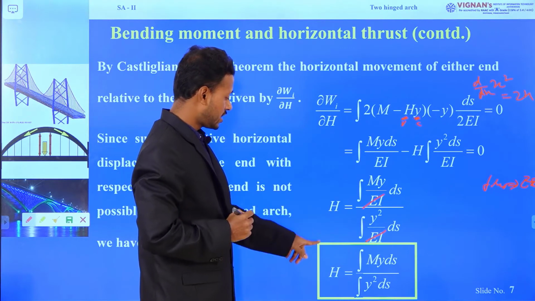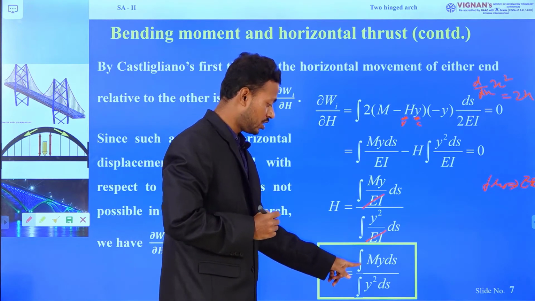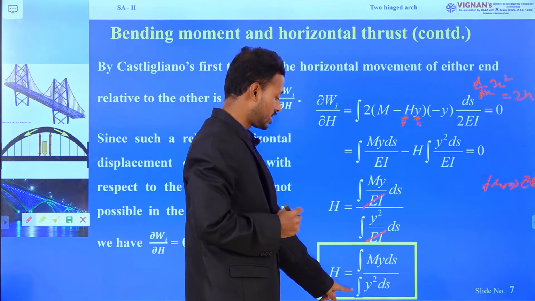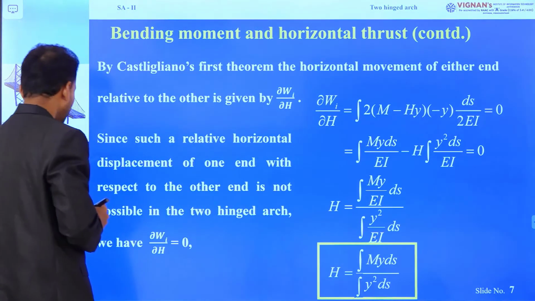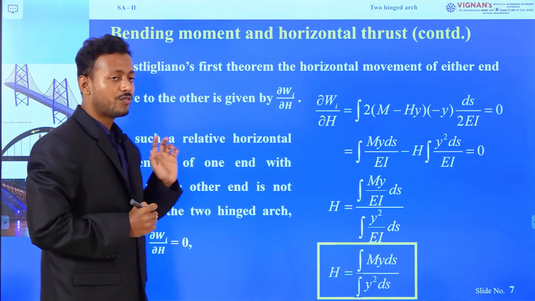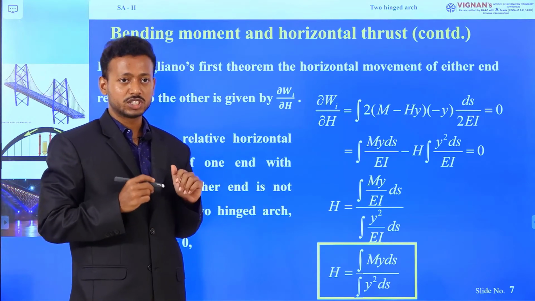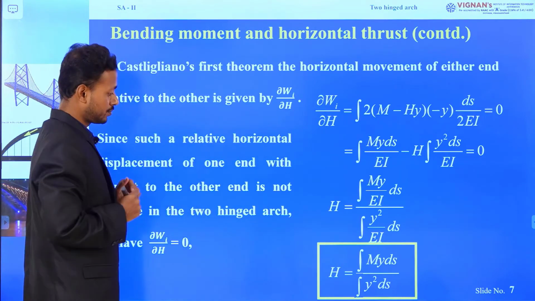So the net horizontal thrust equals the integration of My ds divided by the integration of y square ds. This is the net horizontal thrust of a 2 hinge arch subjected to any load system.